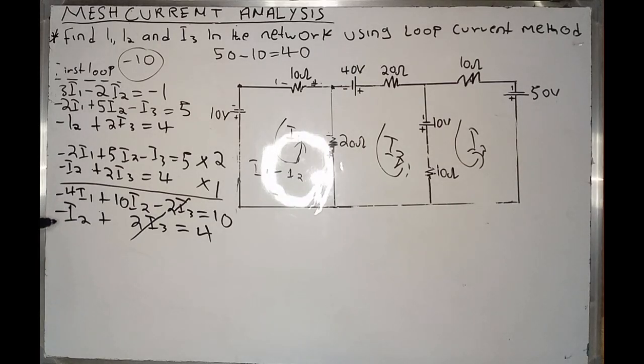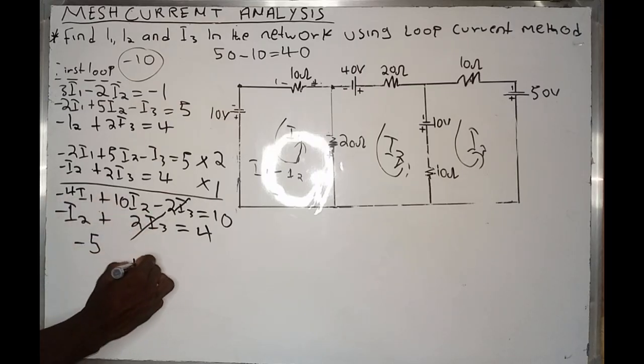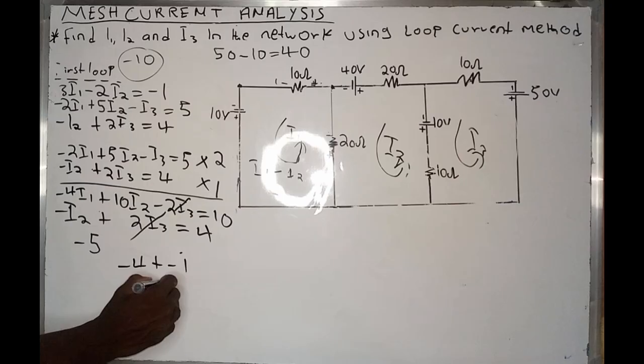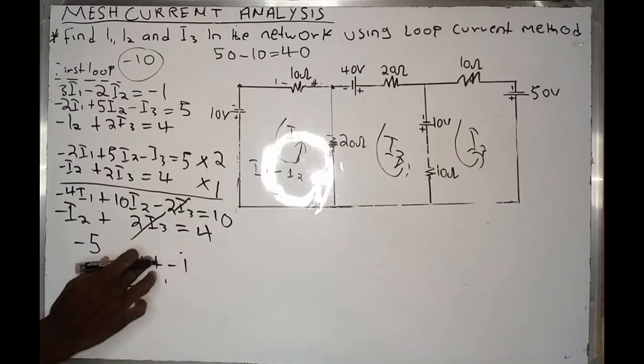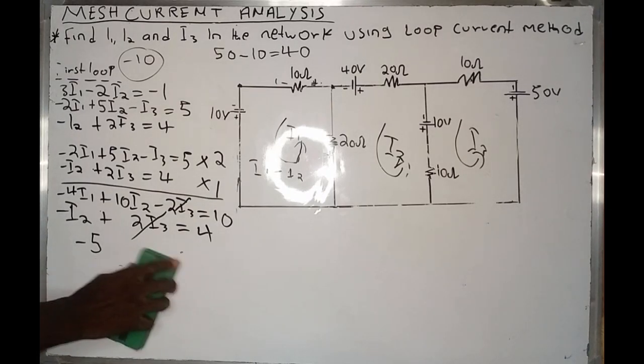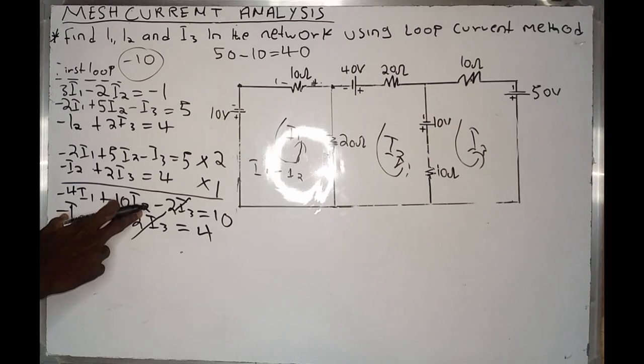So minus 4I1, minus I2, and minus 5. Here is I1, and here is I2.